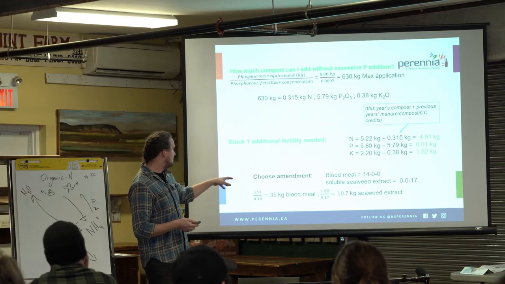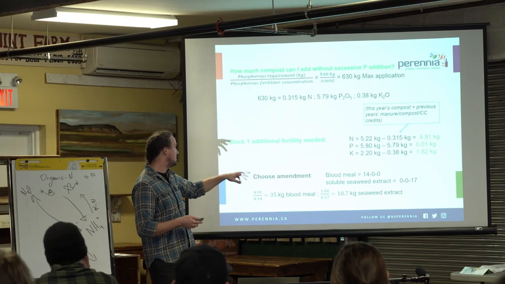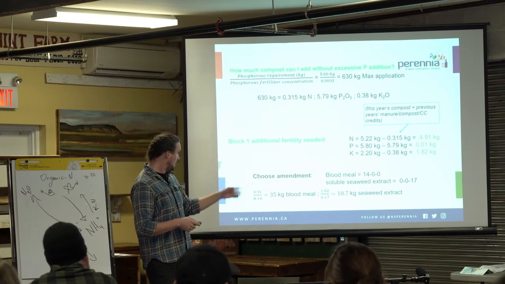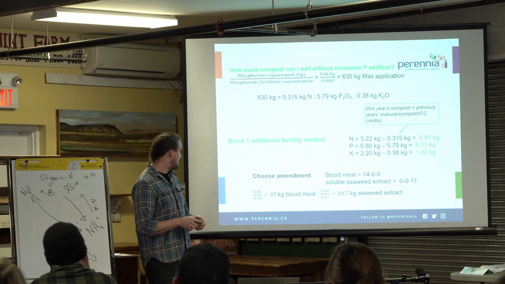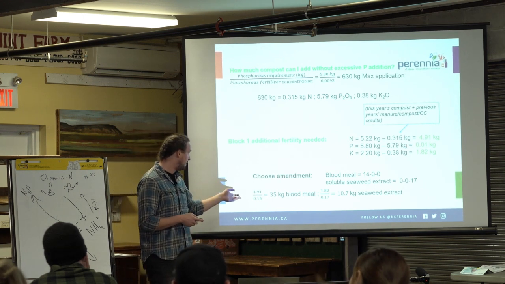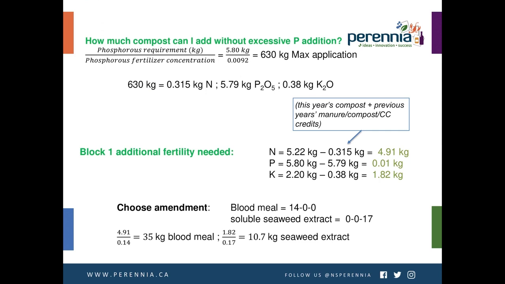So to fill the void of nitrogen and potassium, I just chose 2 random amendments. One is pure nitrogen, one is pure potassium. I figured out I need 35 kilograms of blood meal to meet my nitrogen requirements and 10 kilograms of seaweed extract to meet my potassium requirements.